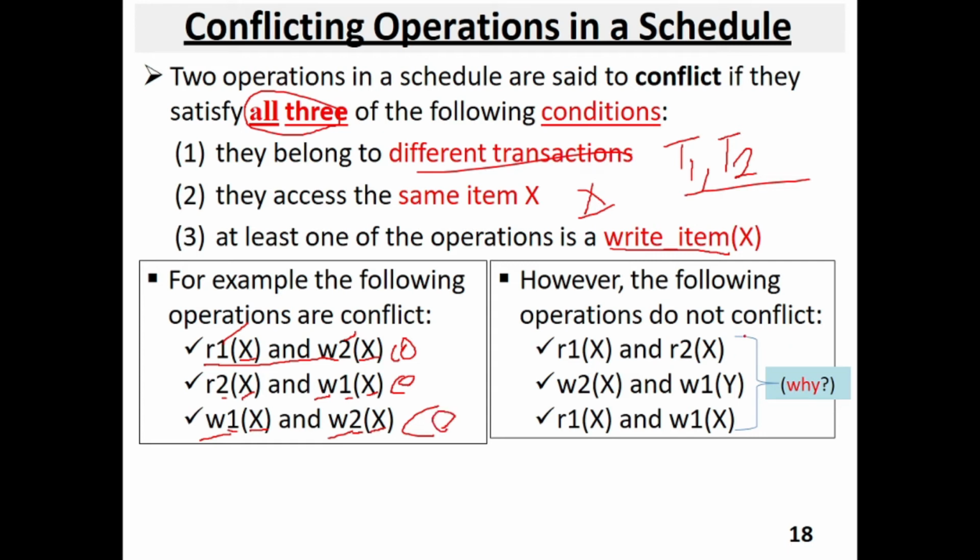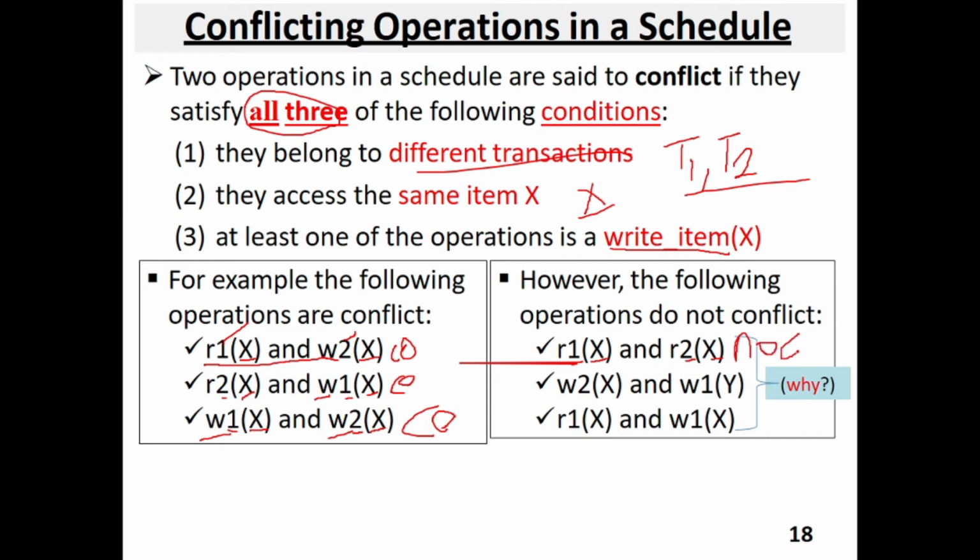Coming back to this one, the transactions are different, transaction 1 and transaction 2, so the first is already satisfied. Accessing the same item X, the second criterion is satisfied, but the third is not. At least one should be a write, but in this case there is no write operation, so this is not conflict.